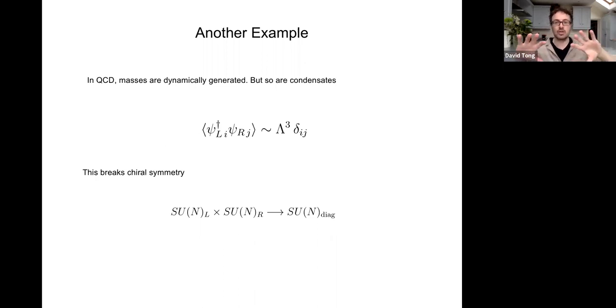There is a chiral symmetry which acts differently on the n left-handed fermions and the n right-handed fermions. But accompanying confinement and the dynamical generation of a mass is this fermion condensate. And this fermion condensate spontaneously breaks the chiral symmetry. So again, the left-handed and right-handed independent symmetries are broken down to the vector-like subgroup.